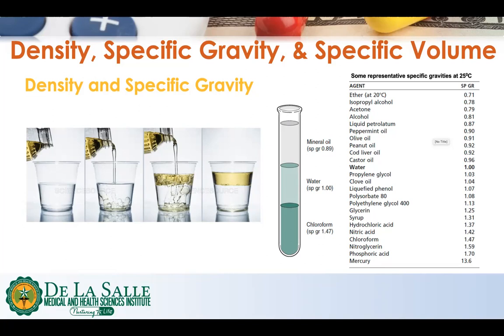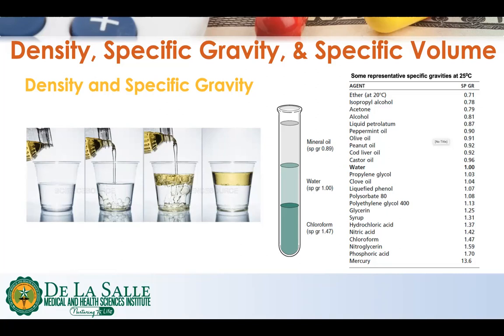If its density or specific gravity is greater than the other substance, then it simply settles at the bottom of the other substance. The smaller the density or specific gravity, the lighter is the substance, while the higher the density or the specific gravity, the heavier is the substance.